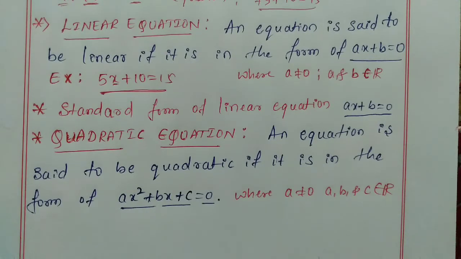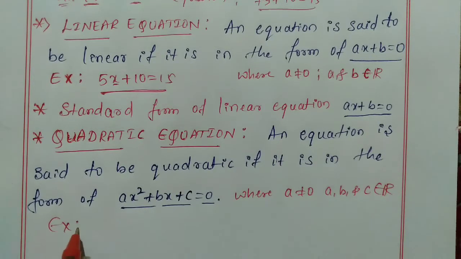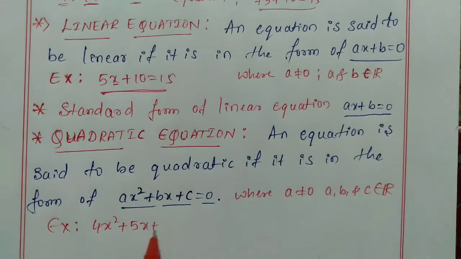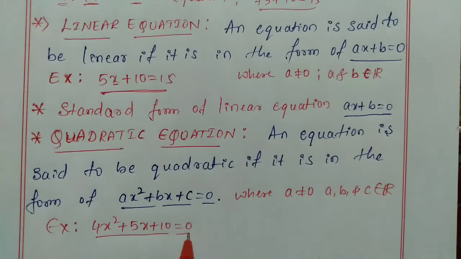An example of a quadratic equation is 4x square plus 5x plus 10 equal to 0.